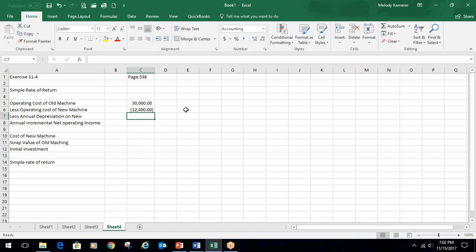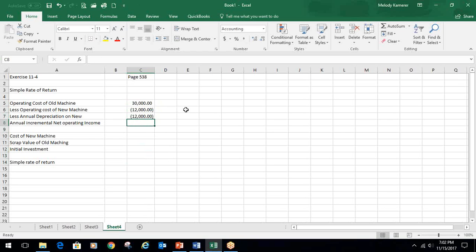Oh, but it did tell me the purchase price was $120,000. There was no salvage value, and its useful life is 10 years. I can calculate depreciation now. 120,000 divided by 10 gives me annual depreciation of $12,000.